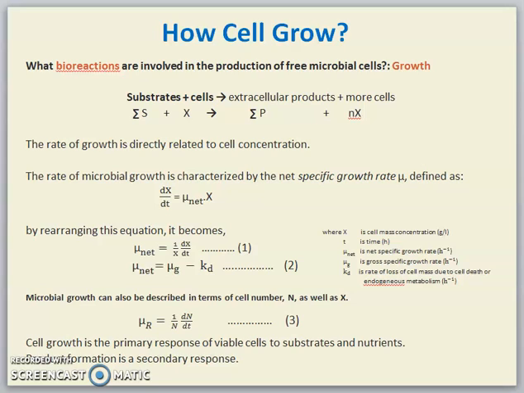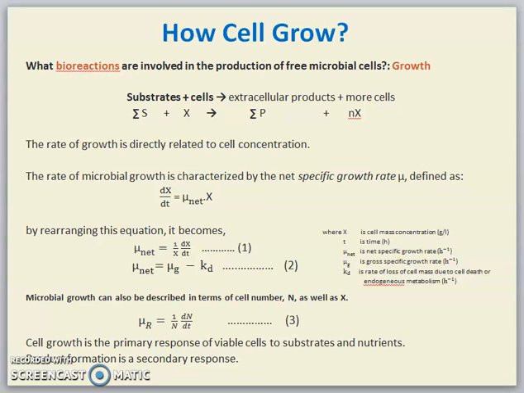The rate of microbial growth is characterized by the net specific growth rate, defined by dX/dt = mu_net times X, or if we rearrange this equation, mu_net = (1/X)(dX/dt). This is the general equation for the growth rate of cells. Microbial growth can also be described in terms of cell number.